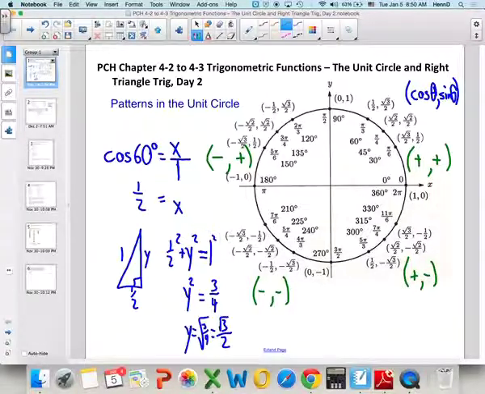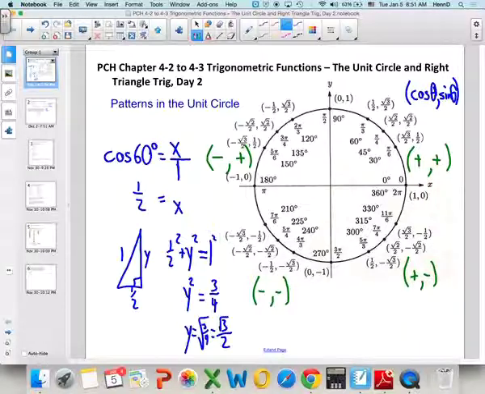Now, why is that significant? I mean, that's something that you learned back when you first started graphing points back in, I don't know, 5th or 6th grade. Because you only have to memorize the first set of coordinates, and then you could just use the reflections. Exactly. If you memorize this first quadrant, you've got the whole unit circle, basically. And really, that's what I want you to get in here.